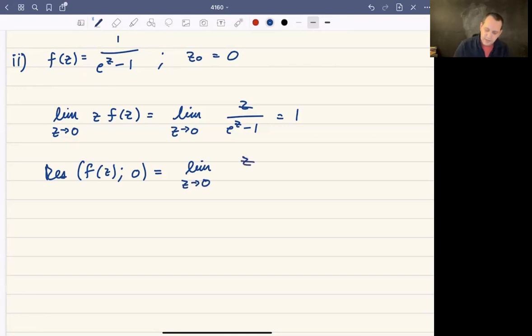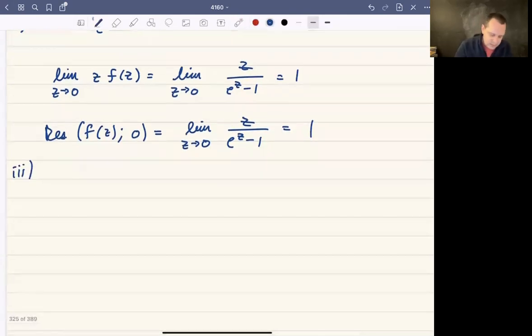So it's going to be this limit of z times f of z, and that's going to end up being, in this case, 1. I just applied rule 5 without really thinking about it. That is also rule 2 that we talked about. So if you have z minus z naught times f, and if that limit exists and equals some non-zero number, then that non-zero number is the residue. That's exactly what just happened here. Okay, so you can think about this either way.